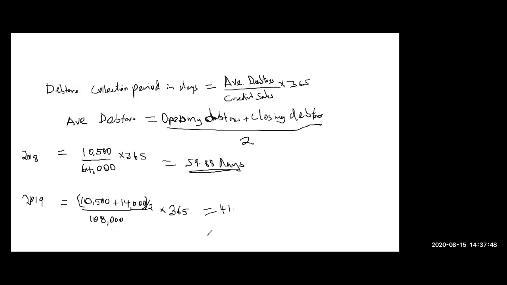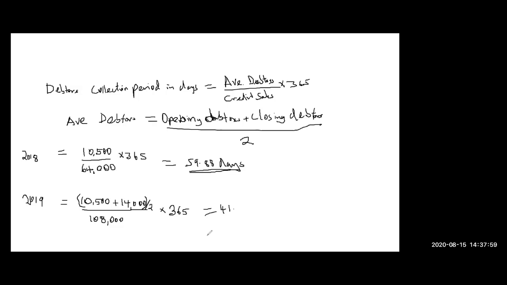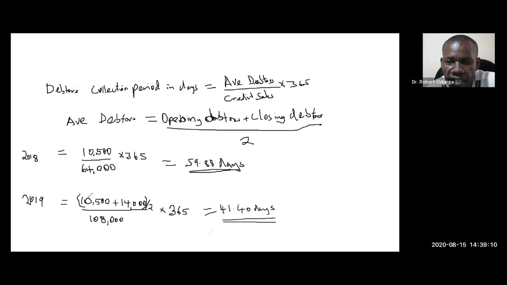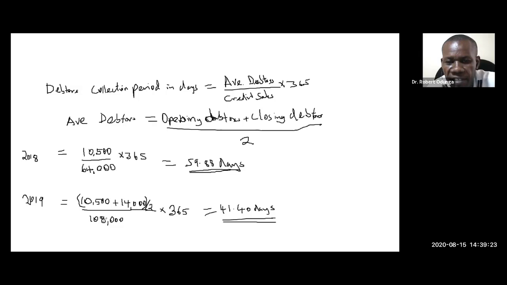About 40 days, 40.15. You divide 10,500 plus 14,000 by 2 first, all right? After getting the figure, then you divide by 108,000 and multiply by 365 days.